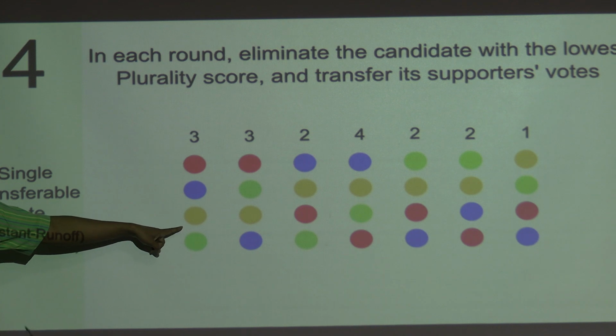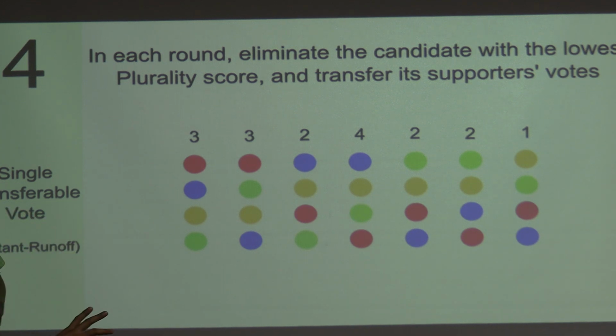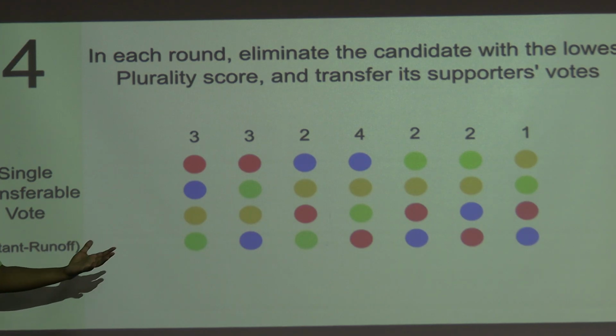If yellow had won, like if we declared yellow the winner without doing any processing, and now if we check, so many people prefer yellow over red. So you're saying that the STB winner may not be a majority favorite? So many people prefer yellow over red, yellow over blue and yellow over green. So a majority of people prefer yellow over every single other color.